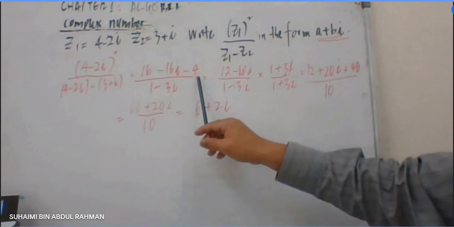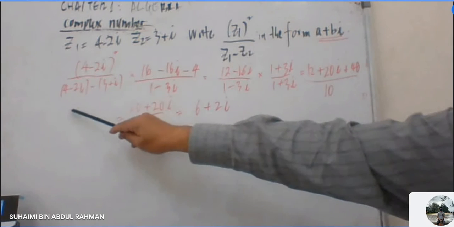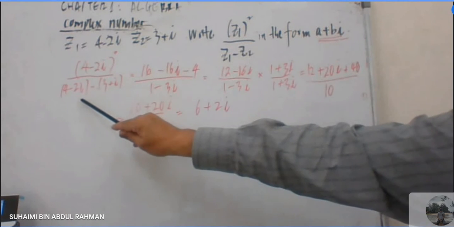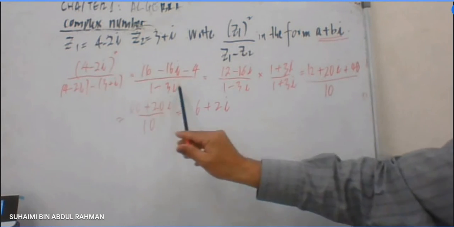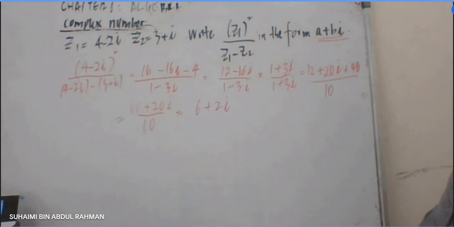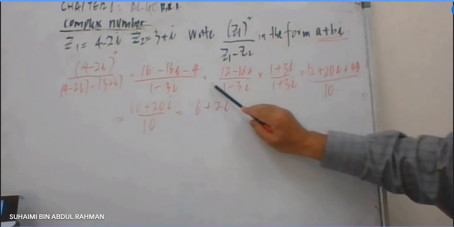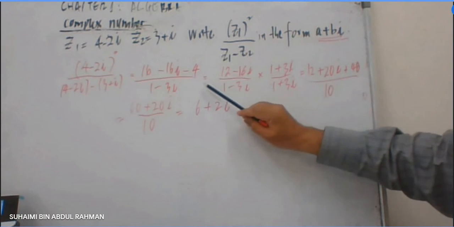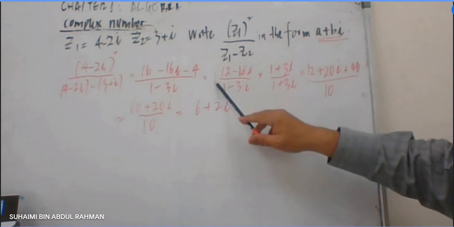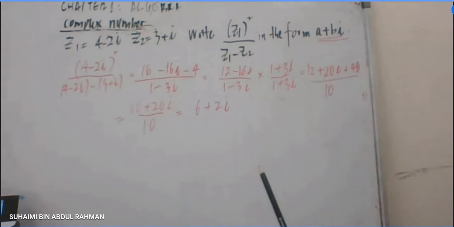That's the reason why minus 4 here. Divide by 4 minus 3, 1, minus 2i minus i, minus 3i, 1 minus 3i. Then we have 12 minus 16i over 1 minus 3i.